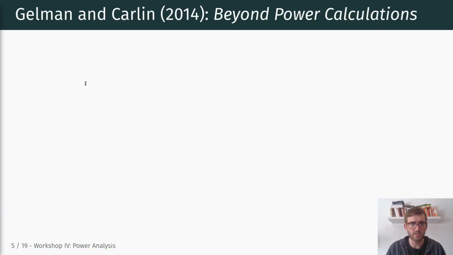This is a really important piece to take into account and use to think critically about the power analysis framework and the focus on power and statistical significance in and of itself.